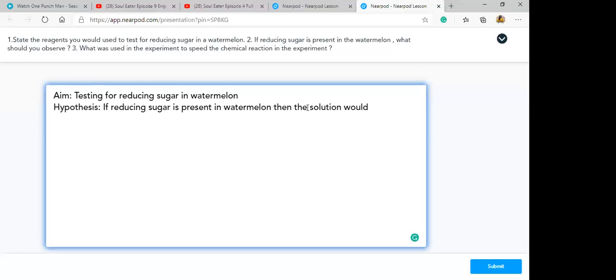Then the mixture will change to brick red. The color of the mixture will change to brick red. If reducing sugar is present in watermelon, then the color of the mixture would change to brick red.